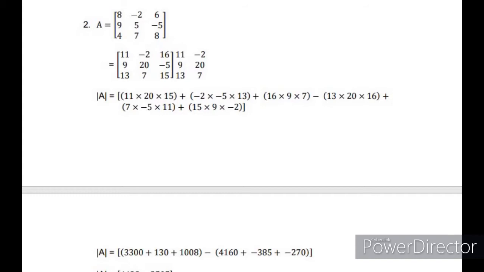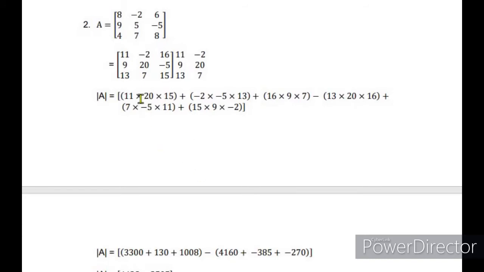So 11 times 20 times 15 is equal to 3,300. Negative 2 times negative 5 times 13 is equal to 130. 16 times 9 times 7 is equal to 1008. So minus 13 times 20 times 16 is equal to 4160.